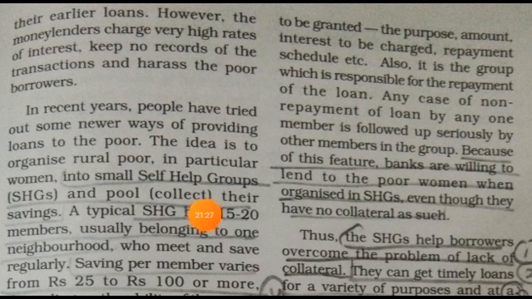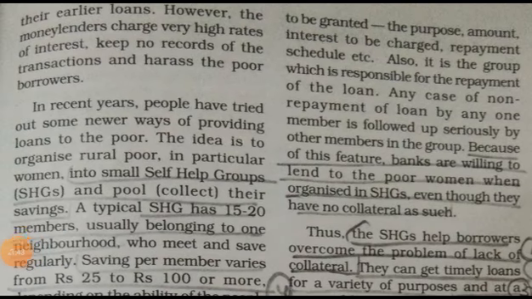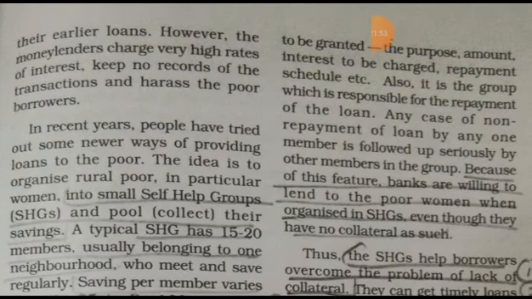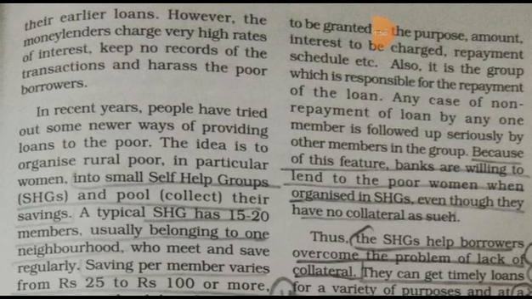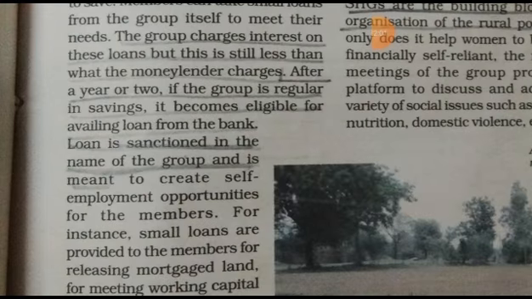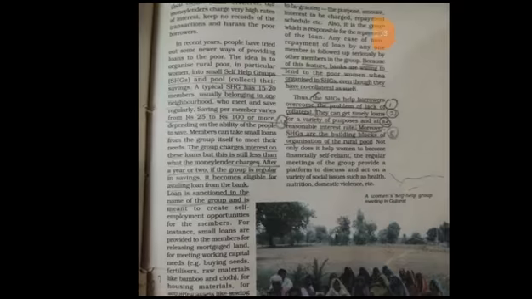For instance, small loans are provided to the members for releasing mortgaged land, for meeting working capital needs, that is buying seeds, fertilizers, raw material like bamboo and cloth, all inputs for the production process, for housing material, and for acquiring assets like sewing machines, handlooms, cattle, whatever is needed by the group members. They get these easily through a loan from the bank also.